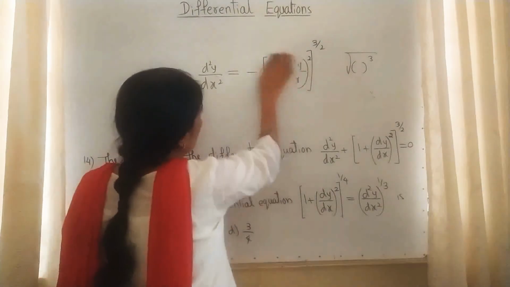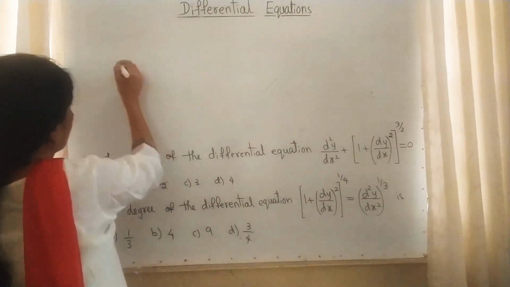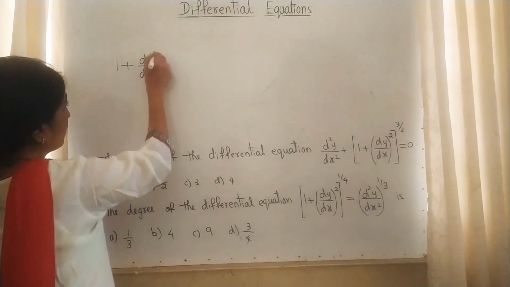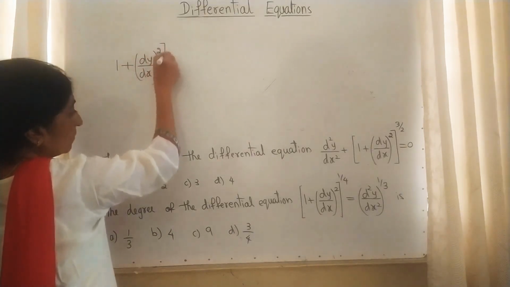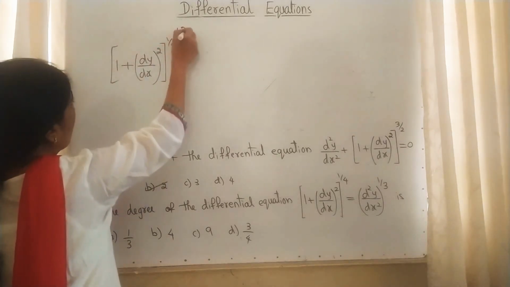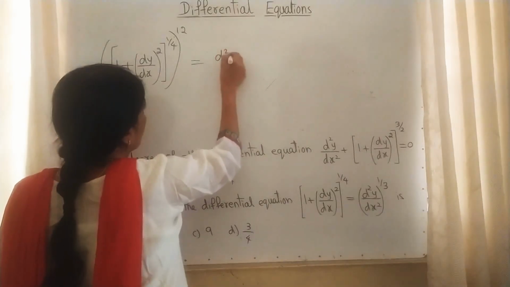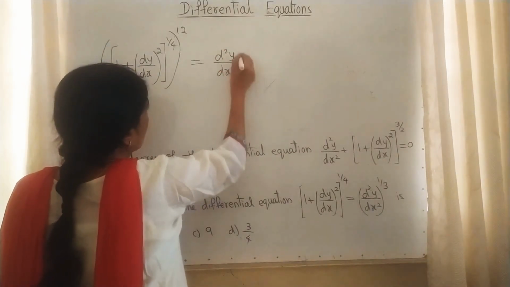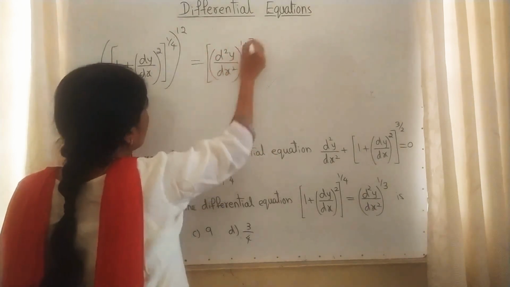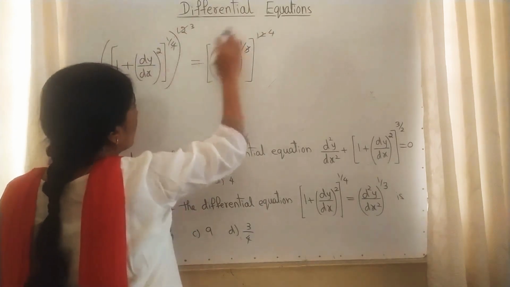So raising both the sides by 12, you will get into 12. This and this get cancelled here. Now we do not have the fractions.